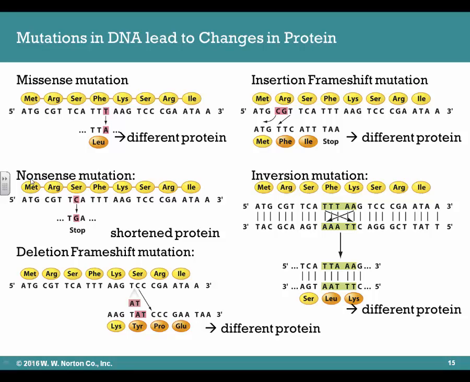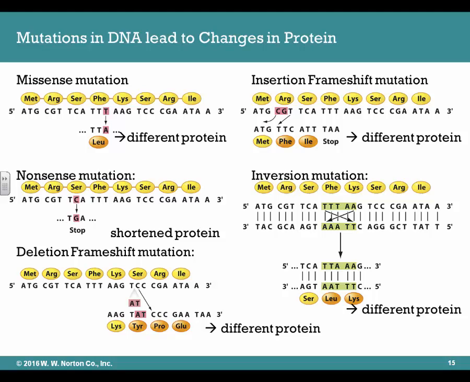If you have a nonsense mutation, that's often at the second position of the triplet code, in which a base is changed, right? That results again in a change in the amino acid at that position in the protein. But in this case, it's not a different amino acid, it's a stop codon.